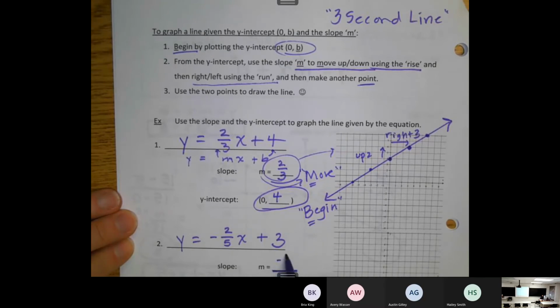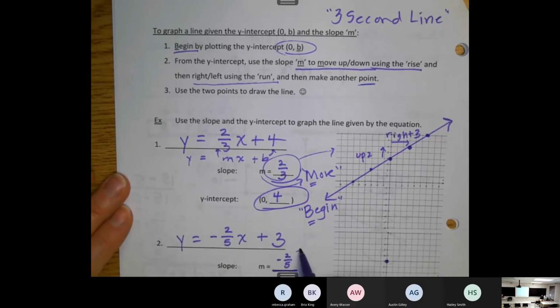So we're looking at a slope this time of negative 2/5 and a y-intercept of 0, 3. Let's begin, B for begin with the B number. So we're going to start at 0, 3 on the y-axis. And now, according to the slope, we'll think about our rise and our run.